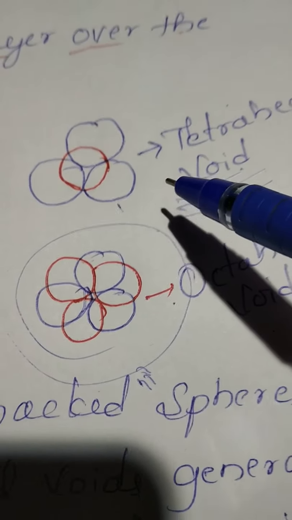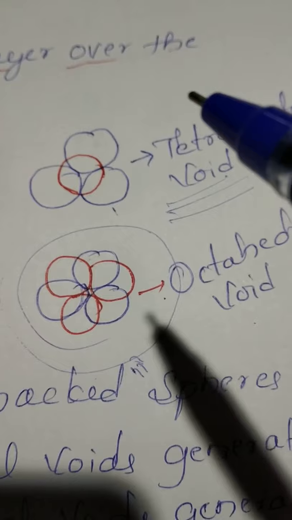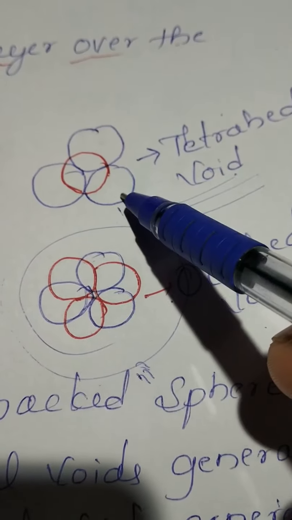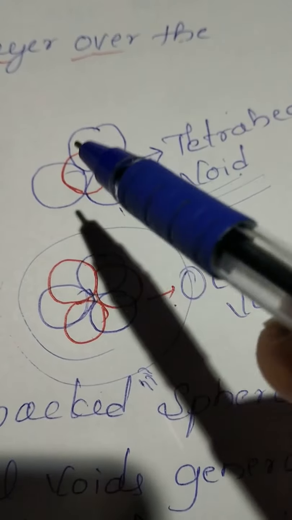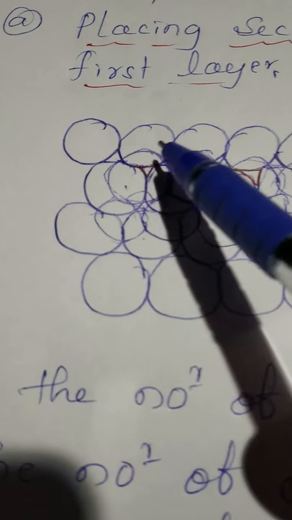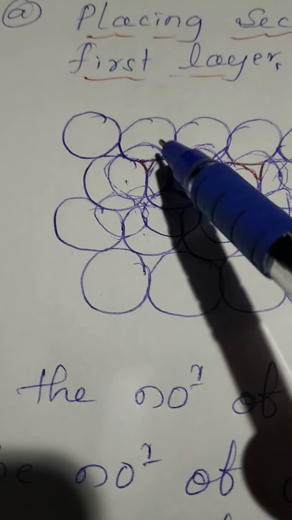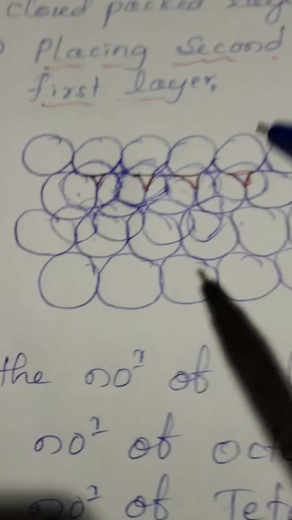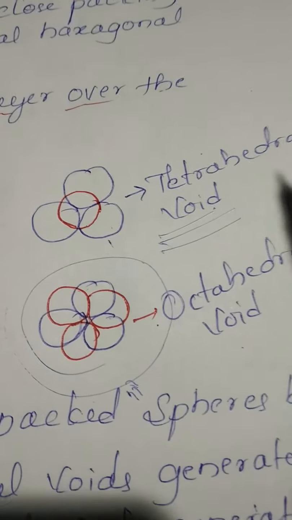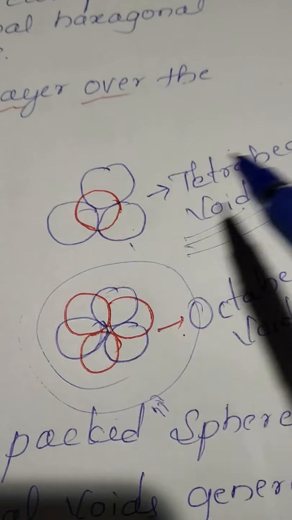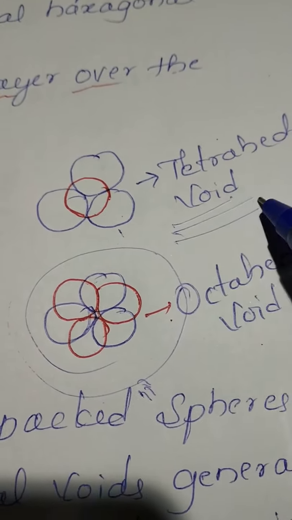A tetrahedral void is the void formed by four spheres: 3 spheres from the first layer and 1 sphere from the second layer. See here, 1, 2, 3. Between those 4 spheres, an empty space is formed. That empty space is called a tetrahedral void.